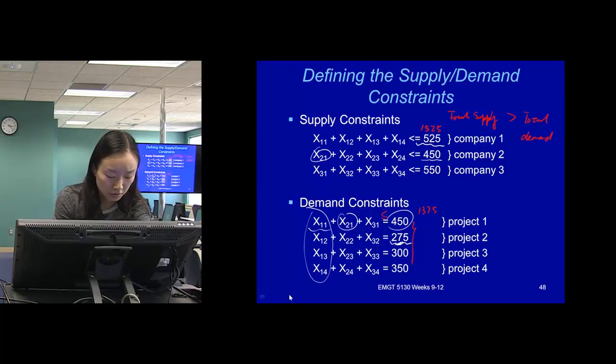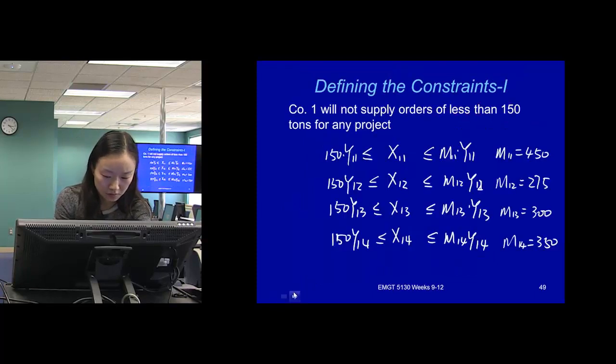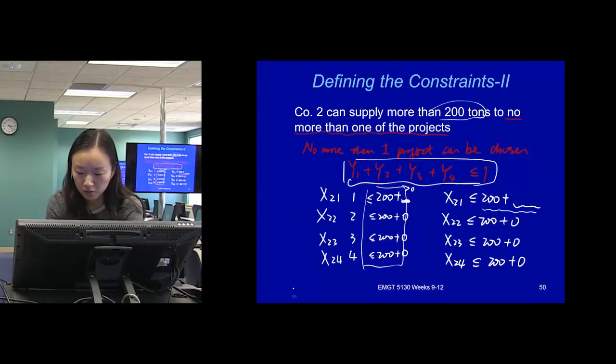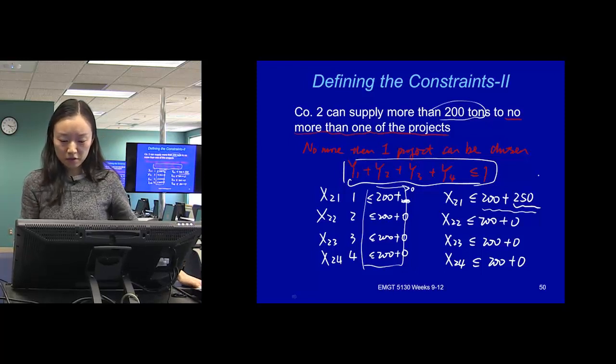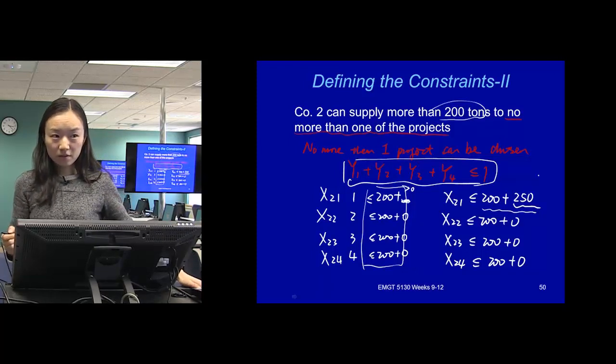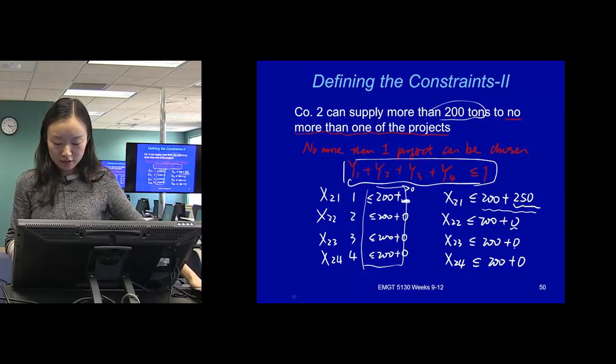Okay? So this one is 250 here, right? Then what do you guys think? What's this 0 here? Can we write this as 0 times 250?